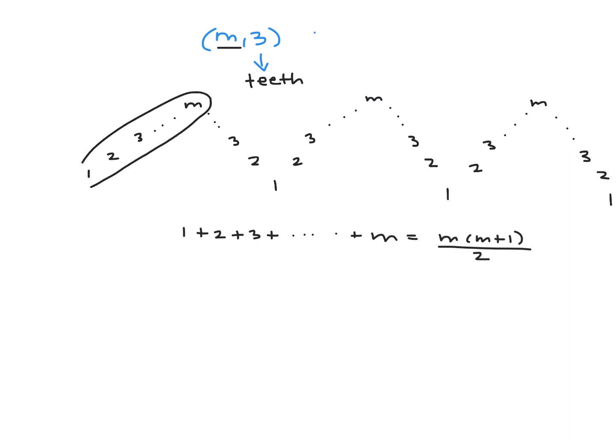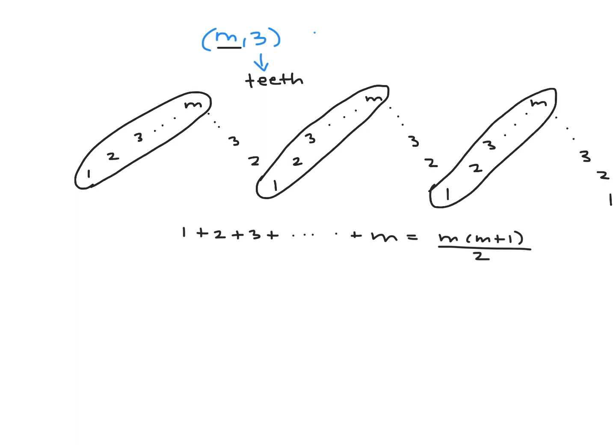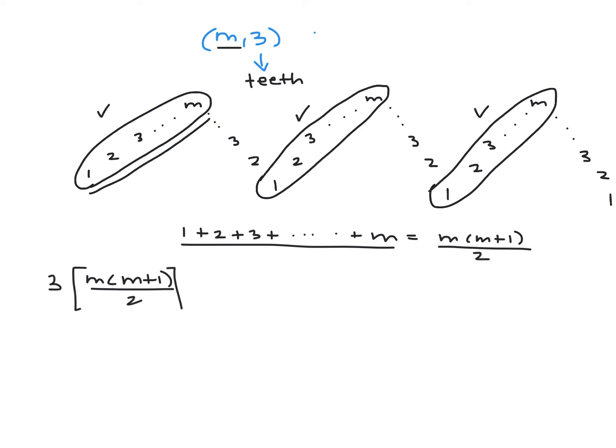I'm going to do this one and this one, and then I'll come back to the others. This one right here is essentially M times M plus 1 over 2. But I've got 3 of them, so I'm going to put a 3 out here. Got it? That's pretty straightforward.